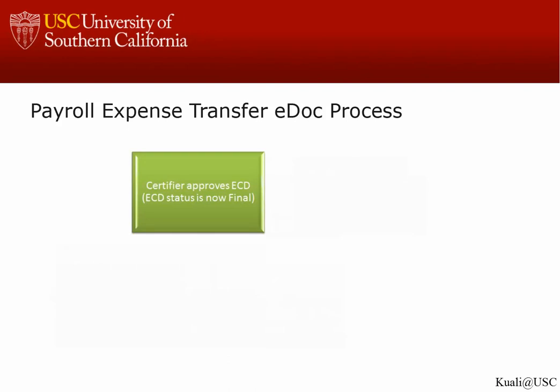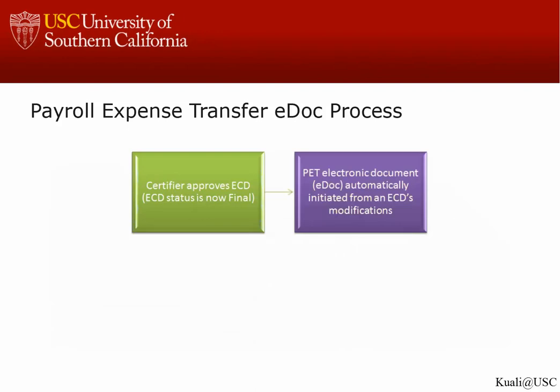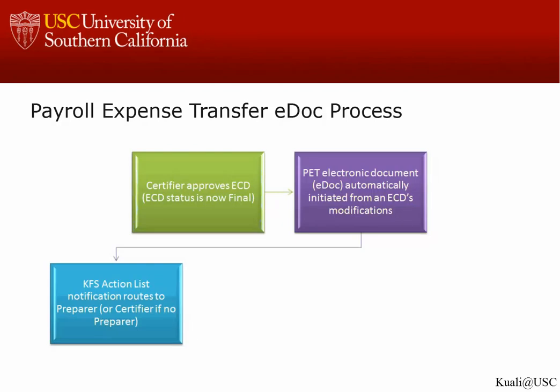When you approve the ECD, the document's status is changed from prepared to final. At this point, a PET EDOC will be automatically initiated and pre-populated reflecting the modifications made to the ECD during its preparation. You will receive notification that a PET EDOC has been routed to your Kuali Financial Services action list and that it requires your attention.